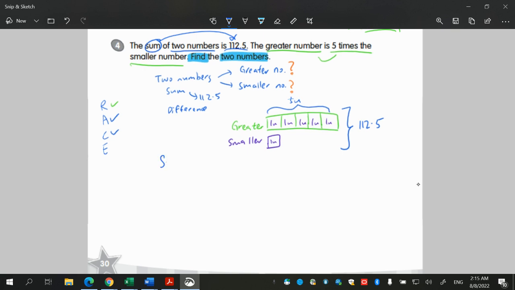So given the sum, that's 5 plus 1, that's 6 units. That's 112.5. That means I can find 1 unit, and 1 unit is 112.5 divided by 6. Now, the 1 unit is already the smaller number.